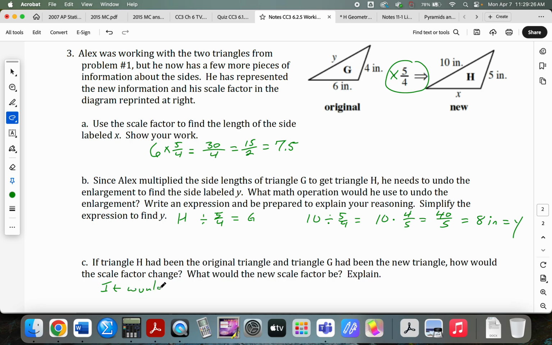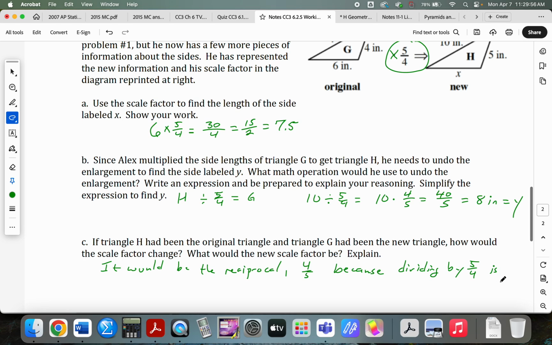So it would be the reciprocal. Four-fifths. Because dividing by 5/4 is the same as multiplying by 4/5.